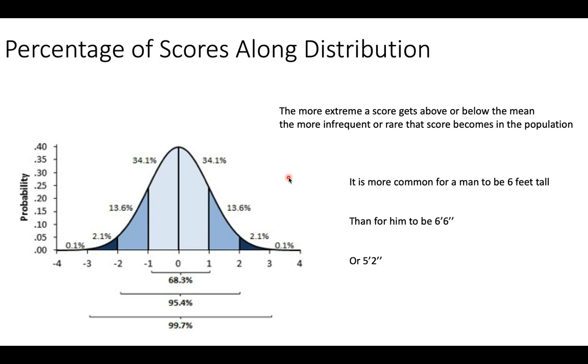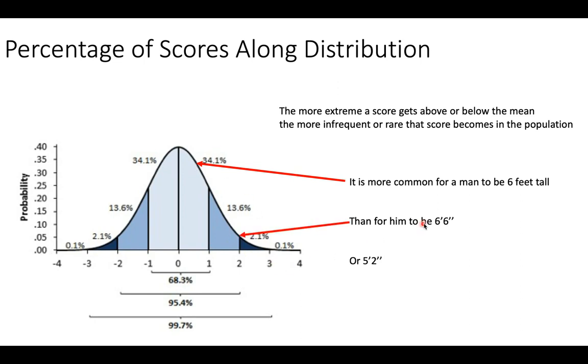So we can then start to answer questions like, is it more common for a man to be 6 feet tall, which would be about right here, right? Because if average is 5'10", then 6 feet would be like half of a standard deviation above the mean, right? It's about the halfway point between 0 and 1. So the probability of a man being this tall is something around 32, 33%.